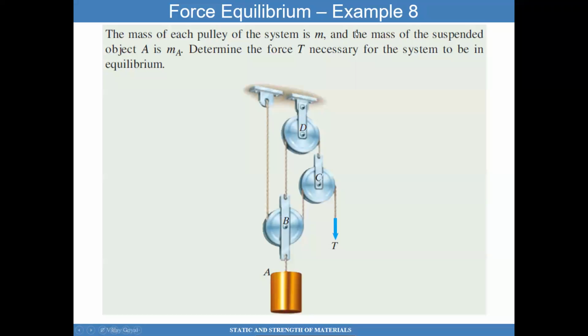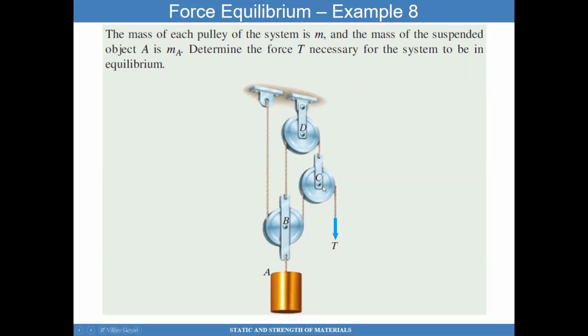So here we have the example of a pulley system. The mass of the suspended object is A. The mass of each of these pulleys is m. What we want to determine is how much force I need to apply to this cable to maintain the body in equilibrium, so everything is either stationary or moving at constant speed.